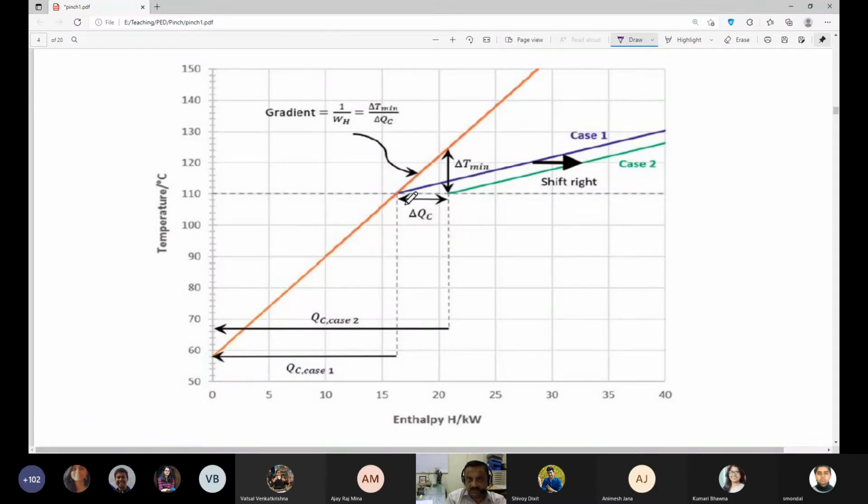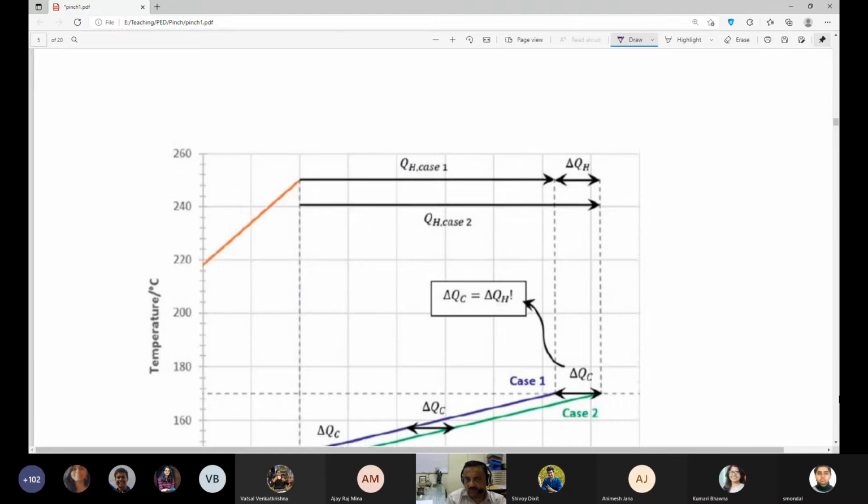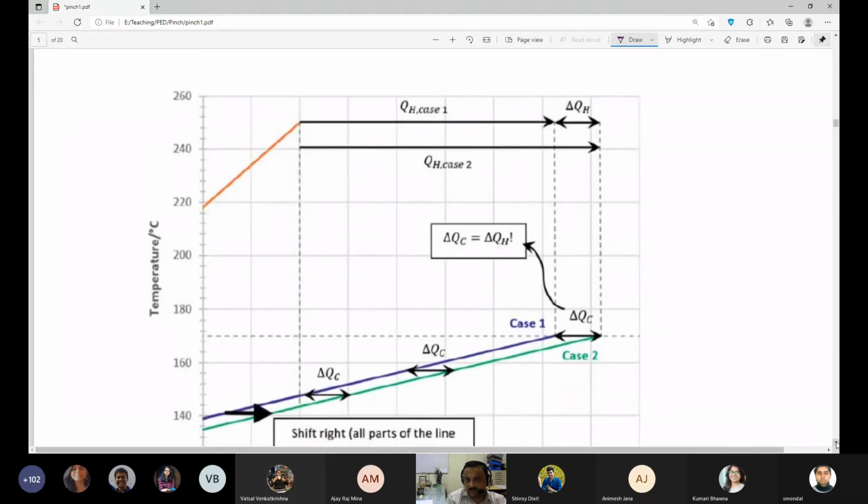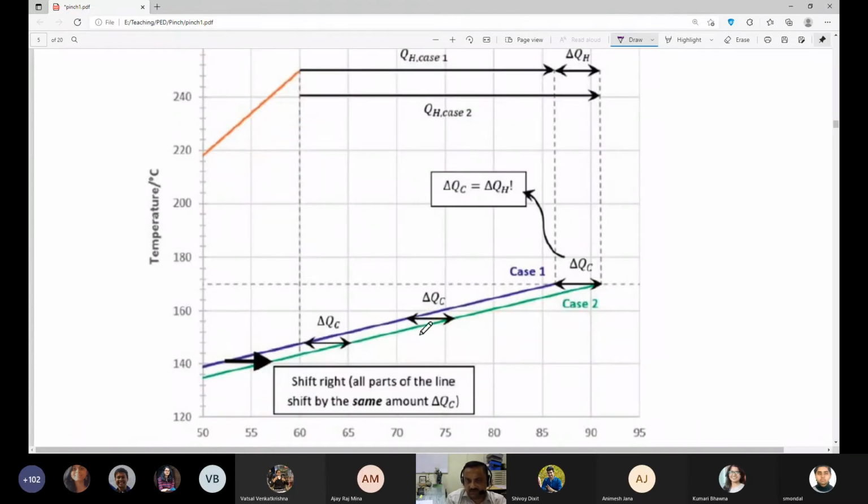Now you can see the gradient of this line is delta T min by delta QC, and that same gradient will be maintained all through. And that same delta QC would be the same as the delta QC that you have accomplished here in the cooling, because the difference between QC in case 1 and QC in case 2 is essentially delta QC. Because of this shift to the right, the shift of this entire line is horizontal everywhere.